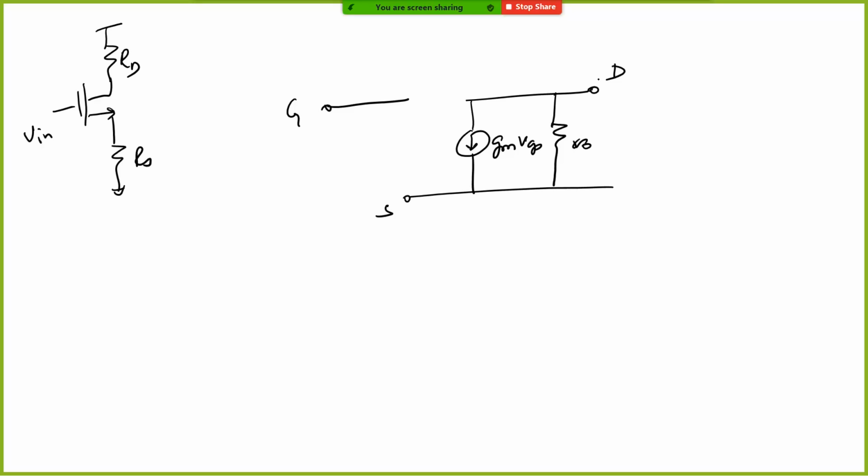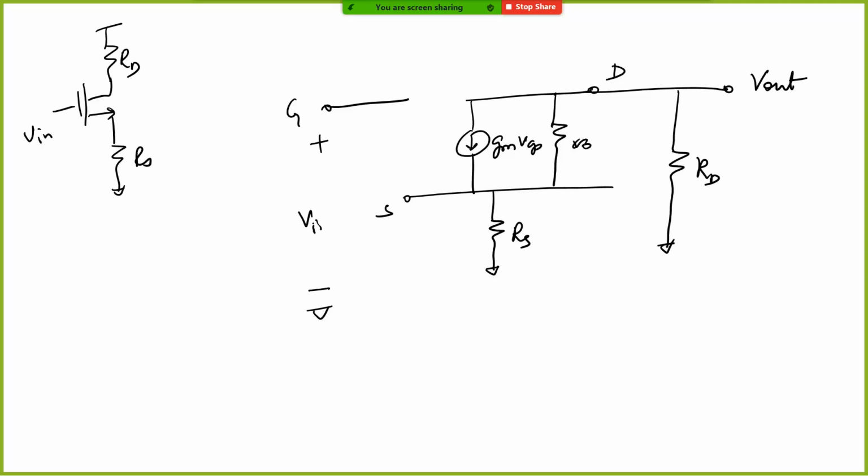At the source you have a resistor RS going to ground, and at your drain you have RD going to ground, and this is your V out. And V in is defined as what? V in is defined as the voltage between the gate and the ground. So this is your V in, and your VGS is between the gate and the source.